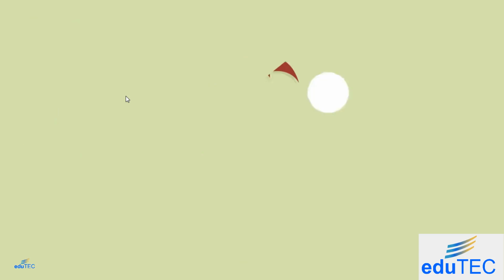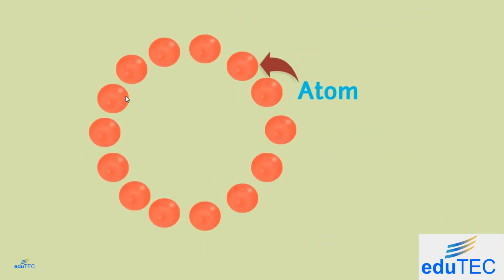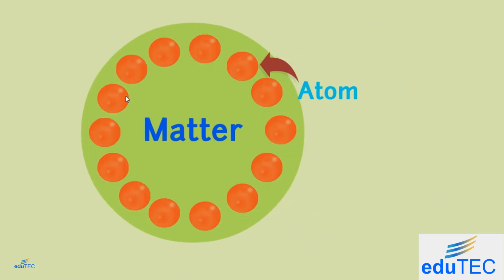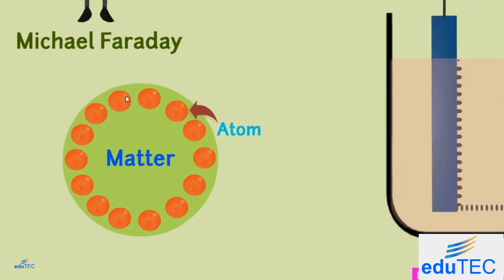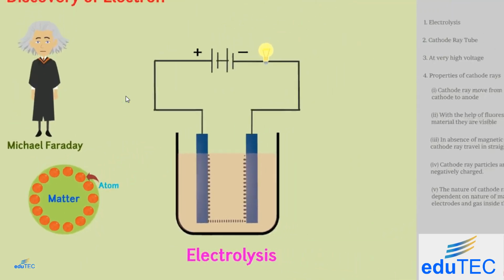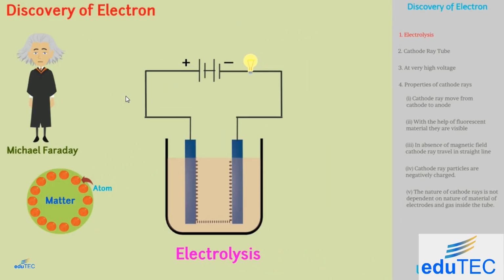But atom was thought to be the smallest particle of the matter. From these two facts, he thought that transfer of matter is nothing but transfer of atoms of that matter.